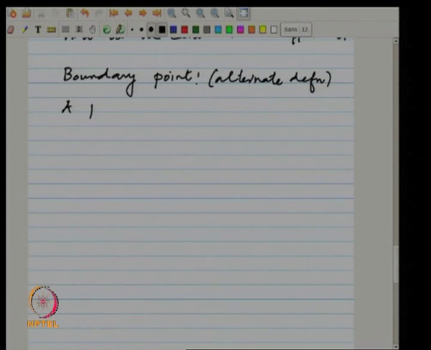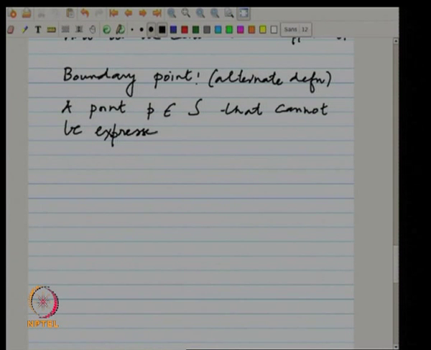A point P among the given set of points that cannot be expressed as a CLC, convex linear combination of 2 points in the convex hull.